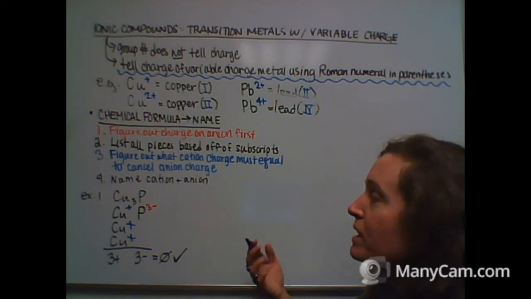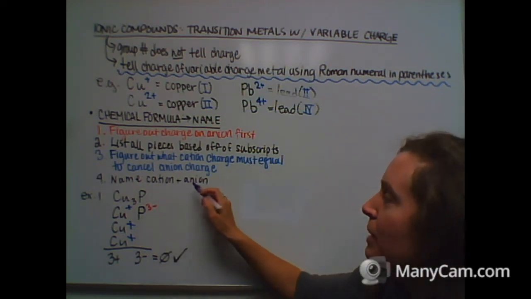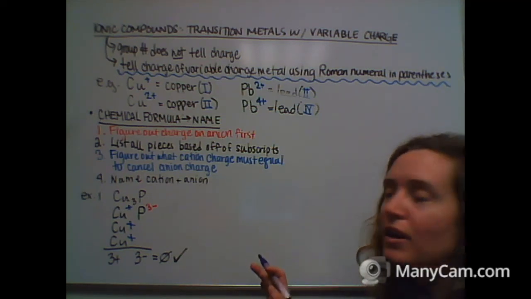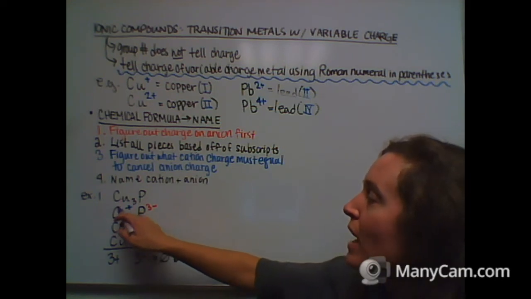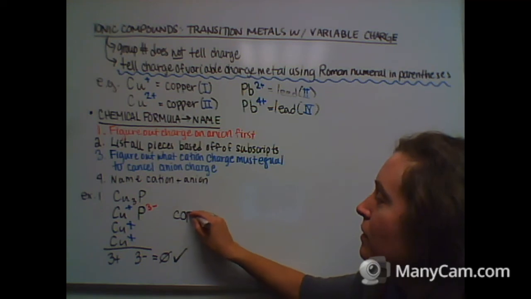So now when we want to name the compound, we're going to name the cation plus the anion, right? Where there's not going to be any di or tri or anything. We're just going to say, okay, we know that now each cation is a copper 1. So we name this copper 1.